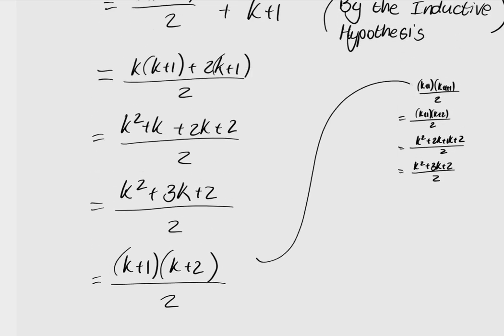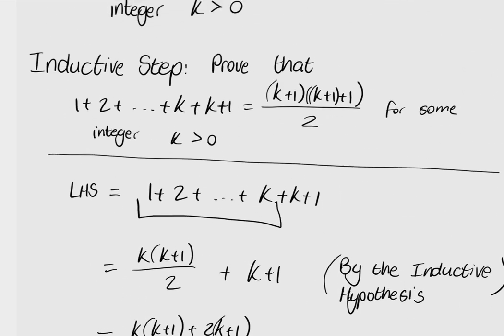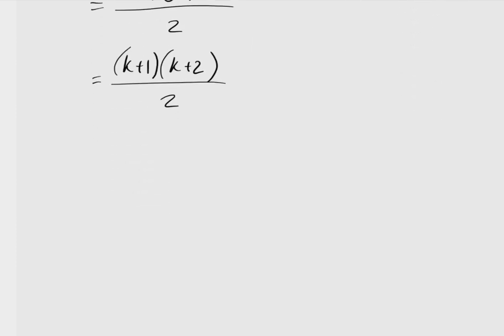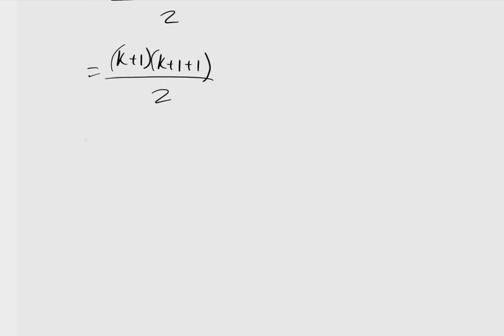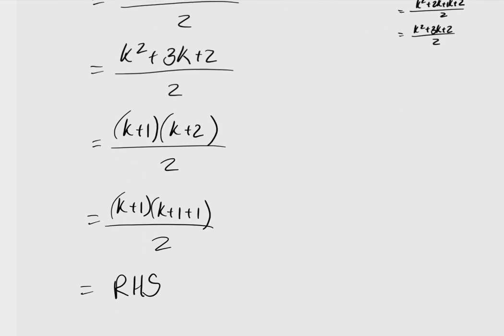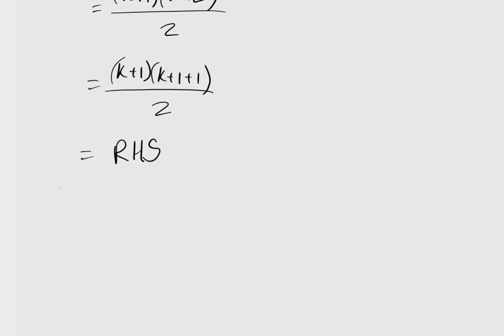But we want to get it into this original form, because that's the form that we have it in there. So k plus 2 is obviously just equal to (k plus 1) plus 1, all over 2, and therefore that's equal to the right hand side. When we said left hand side, now it's equal to the right hand side.